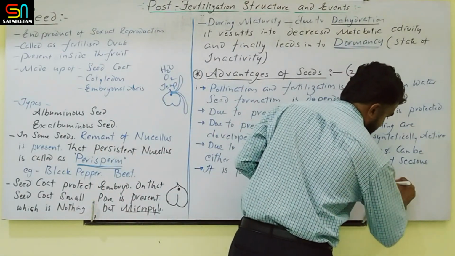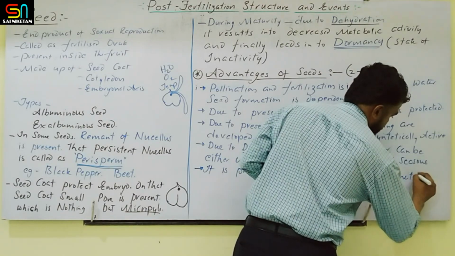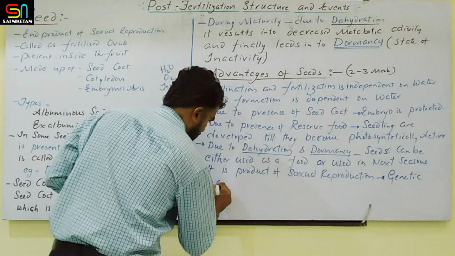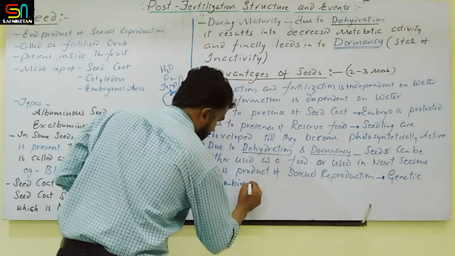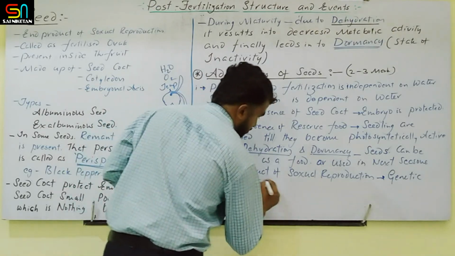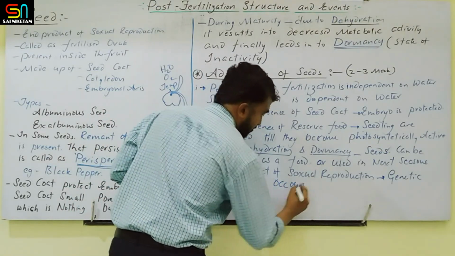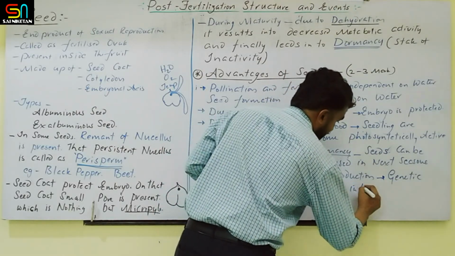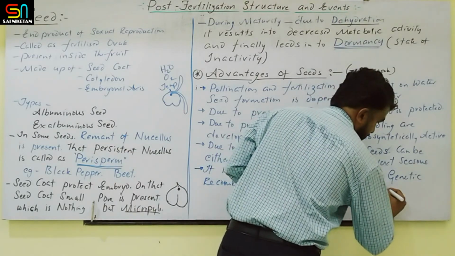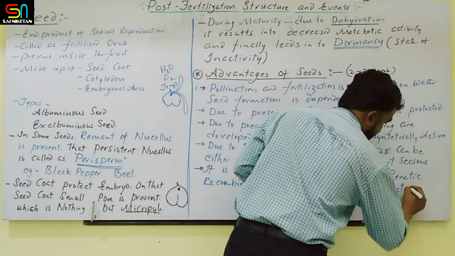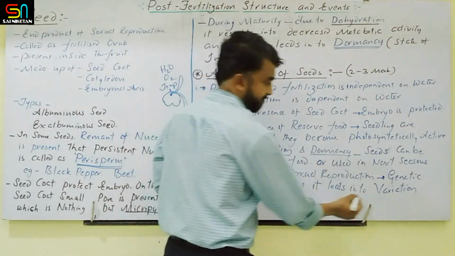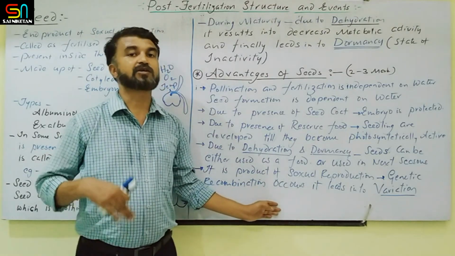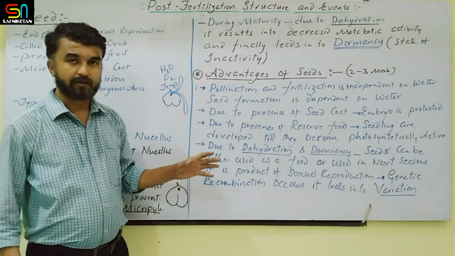So due to that, genetic recombination occurs. It leads into creating variations. Yes, in the first chapter we covered that in sexual reproduction variations are created. So these are the five topics.